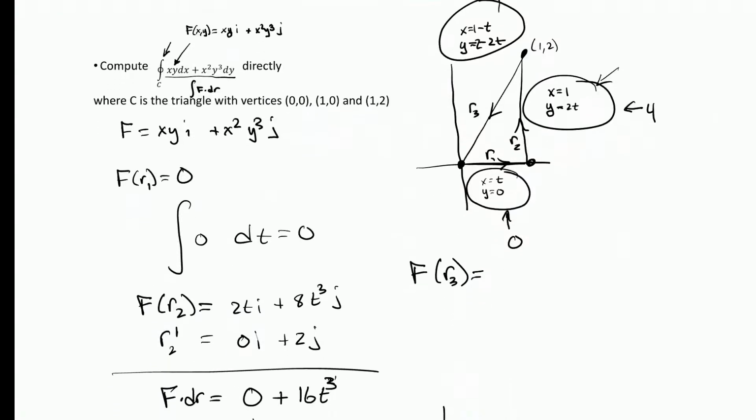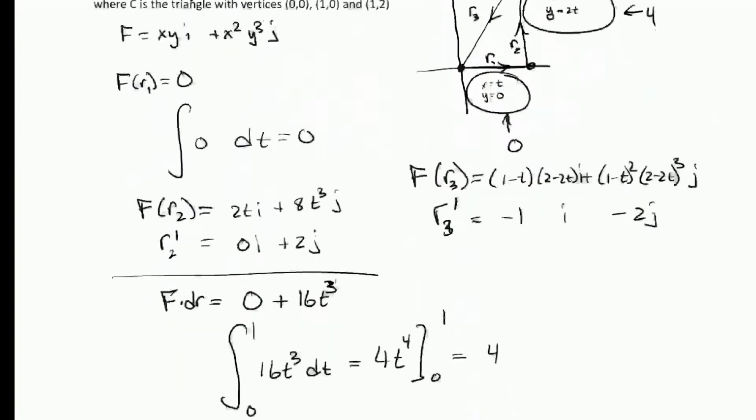Okay, so F of R3 is x times y plus x squared times y cubed. It's going to be okay. I can do this. Oh, forgot my i and my j. R3 prime is negative 1i minus 2j.